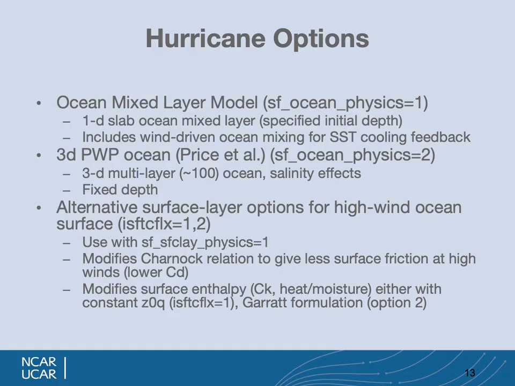It's an important feedback for hurricanes sometimes, when you have a shallow mixed layer that will cool quickly in response to strong winds. So the ocean mixed layer model is mainly for that purpose, to provide a feedback of mixing in the ocean due to strong winds.